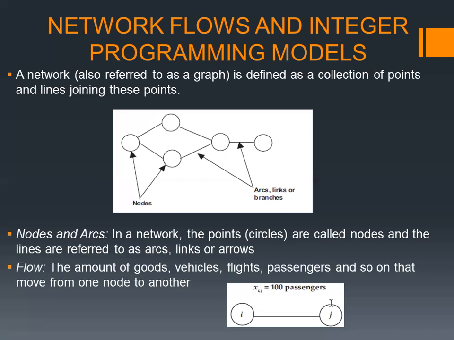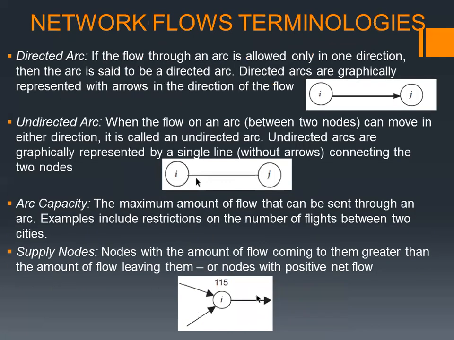Now, when you consider one airport to another, if it is represented by a line without arrows, it means that it is bidirectional. You will have movement on either side. If two airports are connected by an arrow, it means the flow is from one airport to the other airport only and not in the reverse direction.